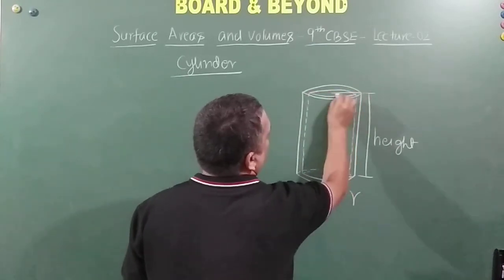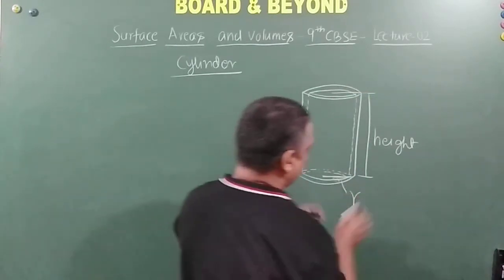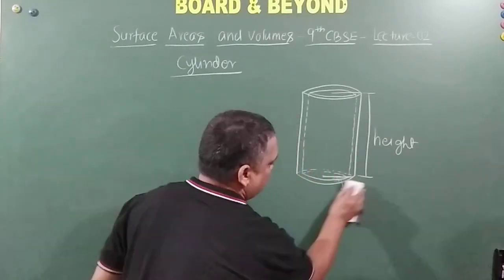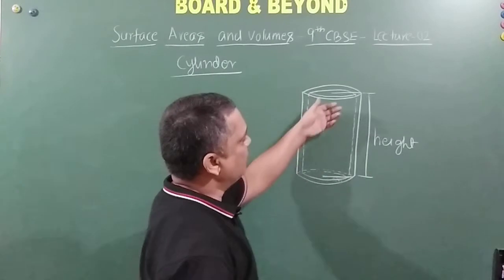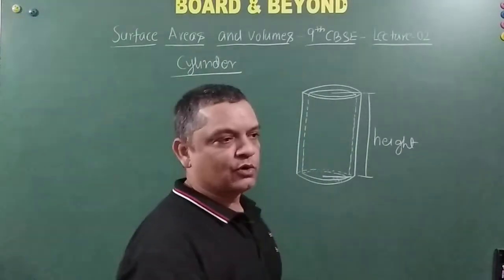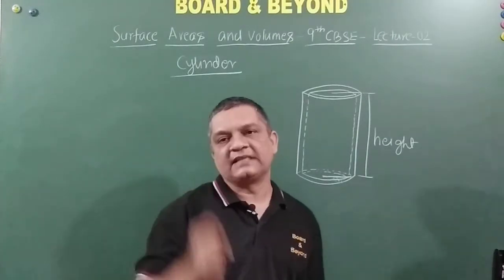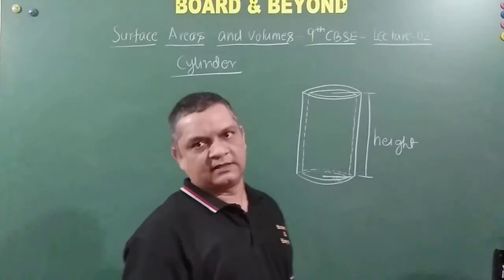Okay, now I will do the naming in a different way. Here in the bottom, and on the top, you can see two concentric circles. Concentric circles are basically two circles having the same center, right?